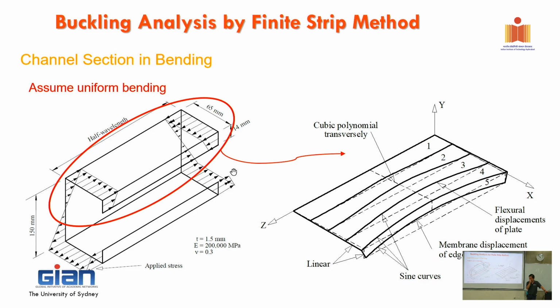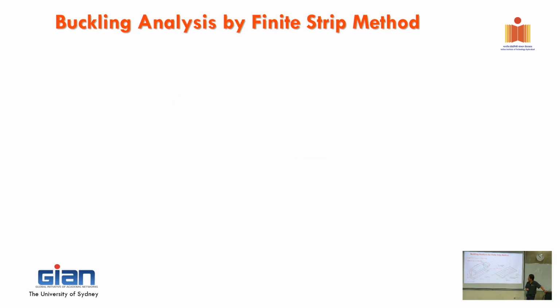You need a bit of skill to do that. However, in order to incorporate it in a standard, we need a simple way. So finite strip gives you a very simple way to do it. What you do, you just build up the section, click the button, and it gives you all the results. So that's how we do it.